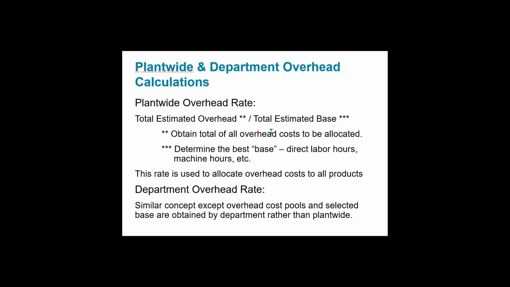For example, if our total overhead estimate is $750,000 and our total estimated base is 15,000 direct labor hours, then we'll allocate $50 of overhead for each direct labor hour. A departmental rate works similarly, but would allocate the $750,000 overhead separately to each department.